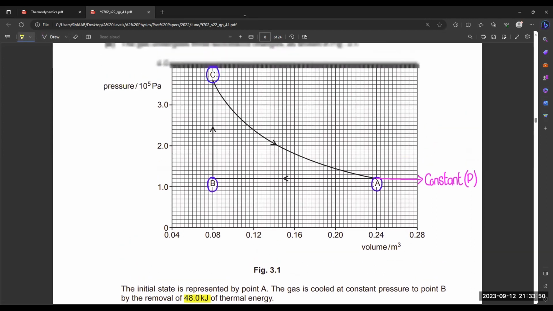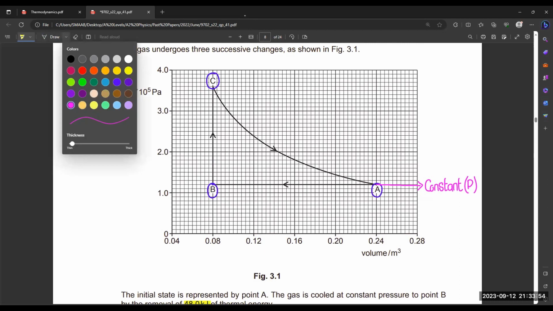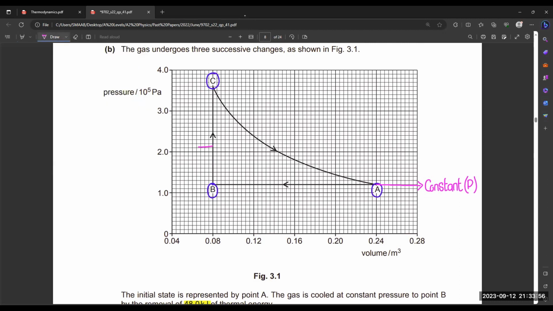And then the gas is heated at constant volume to point C. So you can see from the diagram that at constant volume, your graph will move in an upward direction. So this process takes place at constant volume, right?